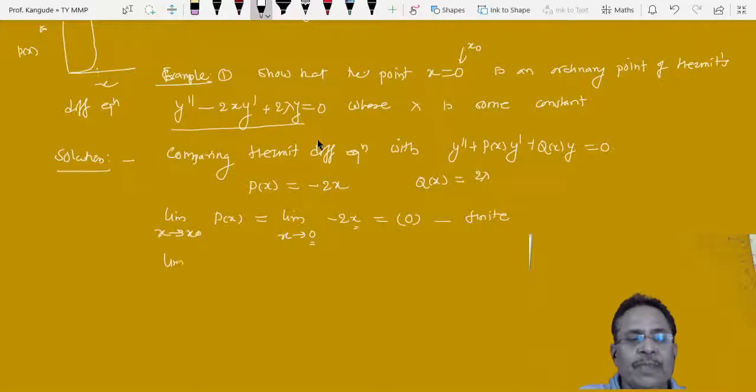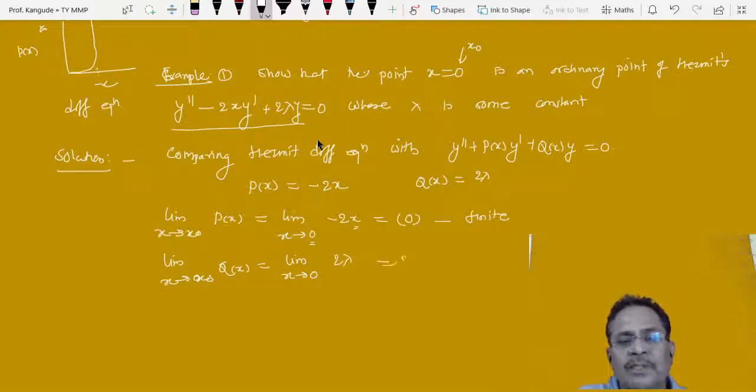Similarly, second thing, limit x tends to x0 of q of x. If this is calculated, I'll get limit x tends to 0, this is twice lambda, remains twice lambda only. There is no substitution needed. So this is also a constant or finite value.